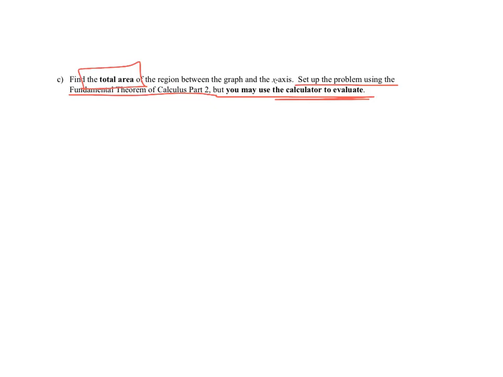Since this is asking for total area again, we already had the graph above, so total area is where we take anything that's below the x-axis and we use an integral, but we flip the boundaries. So I believe it was -1 to 2.